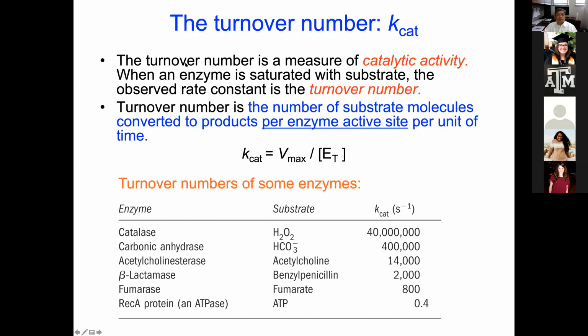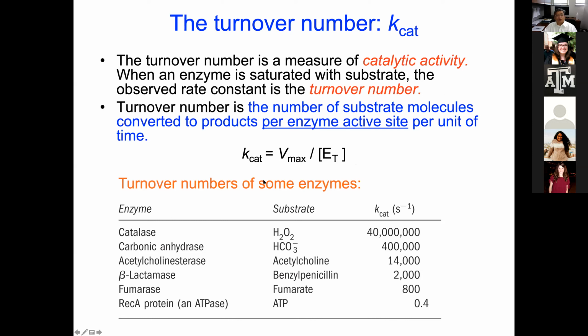The turnover number is a measure of the catalytic activity of an enzyme which is saturated with substrate. The observed rate constant under that condition is what we call the turnover number. This is the definition of the turnover number: Kcat equals Vmax divided by ET, the maximum velocity divided by the concentration of enzyme used.